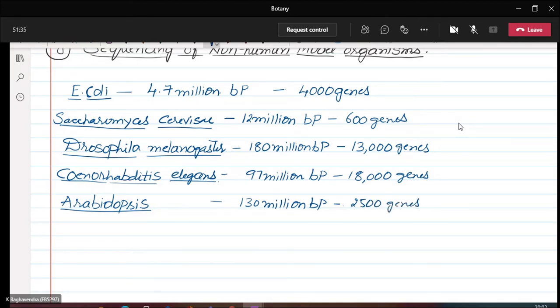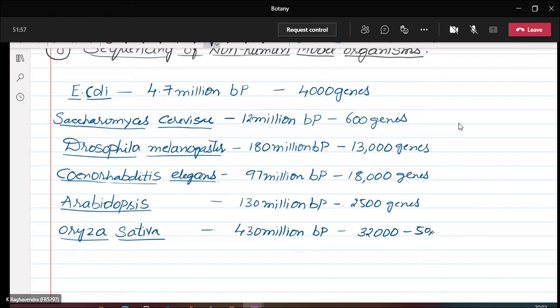And in Oryza sativa, which is rice, they did 430 million base pair sequence. In the data set, it is 32,000 genes to 50,000 genes. So these are the non-human model organisms.